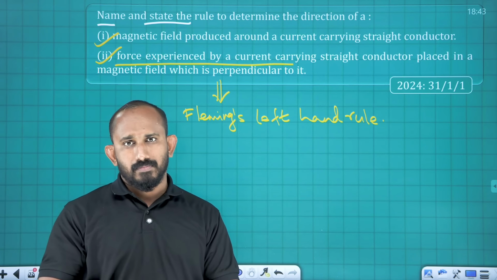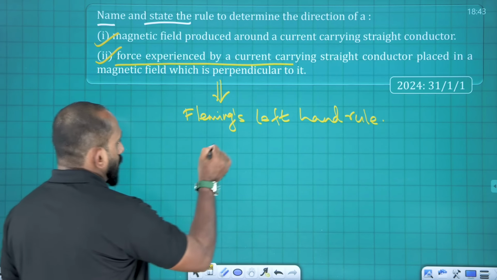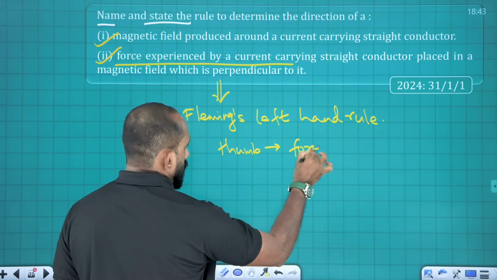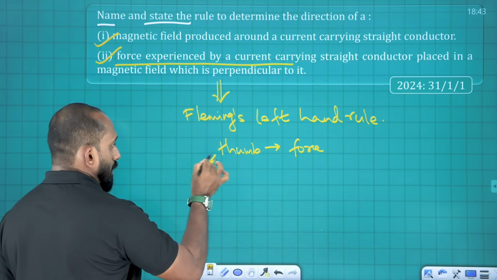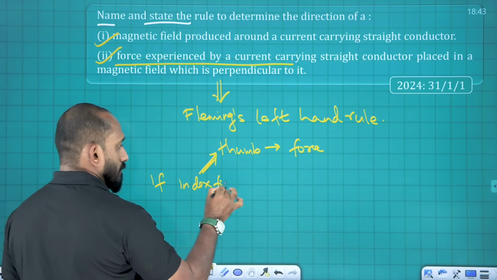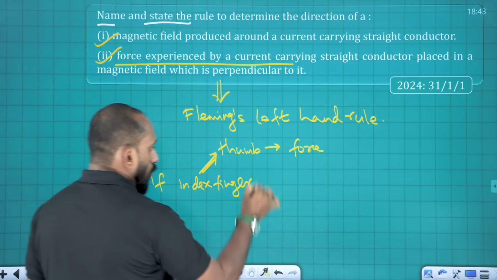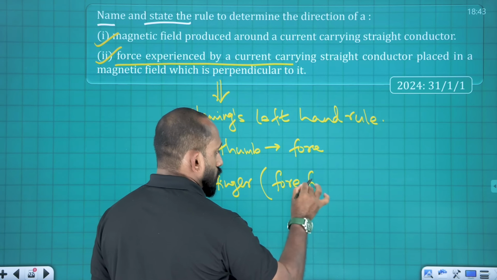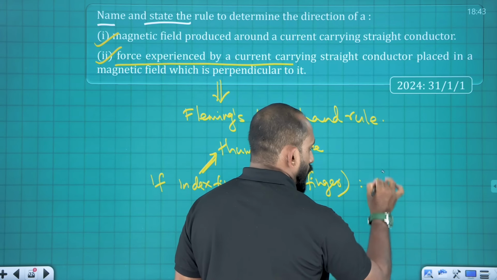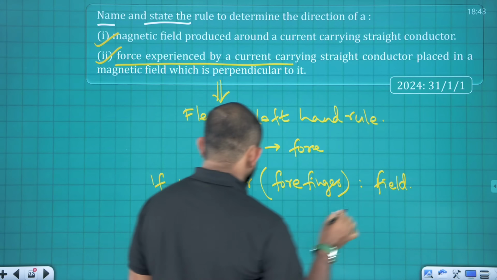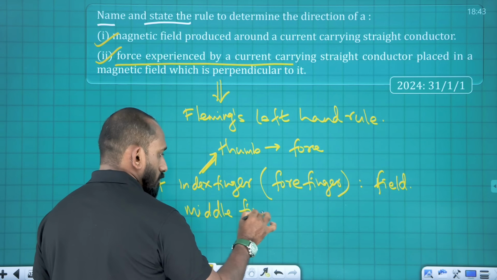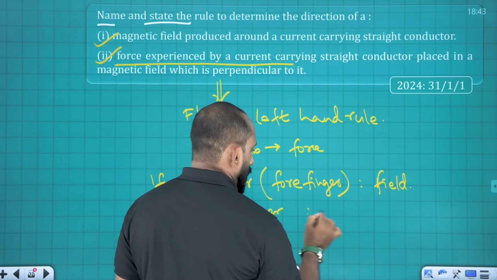This is the statement. So there, the thumb will be showing, gives the force. This happens when, if index finger, or you can use the word forefinger also, gives what? The field or magnetic field, and middle finger gives the current.